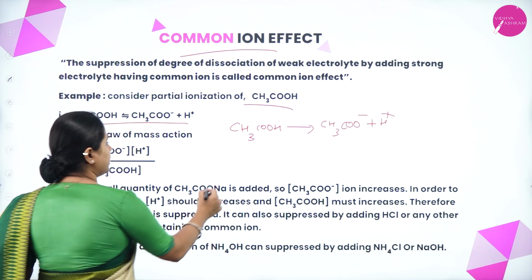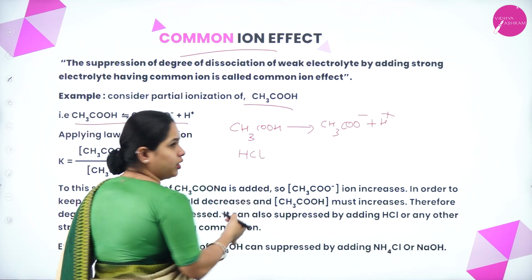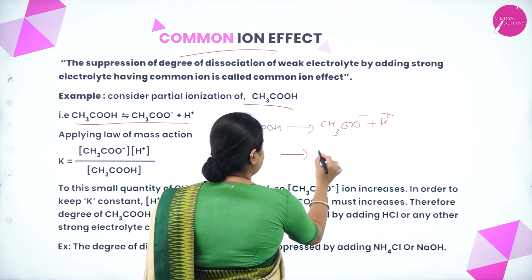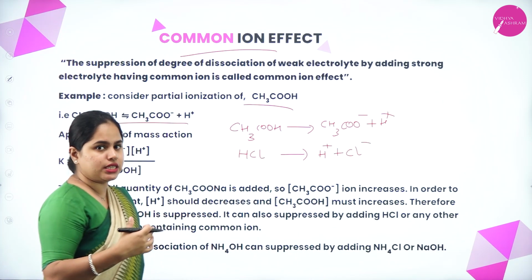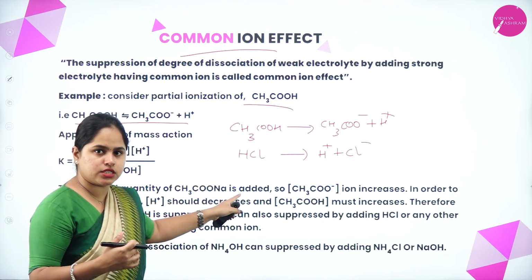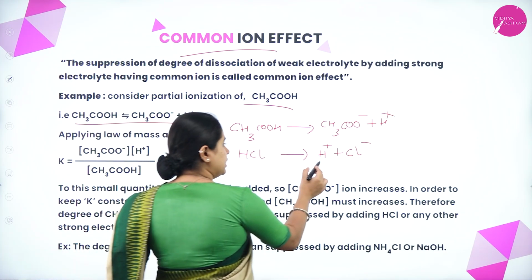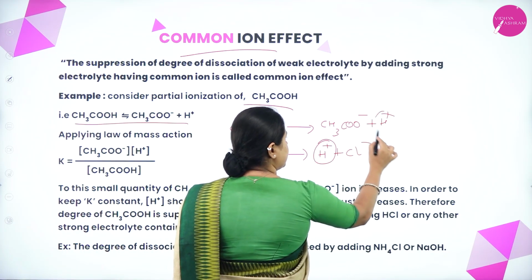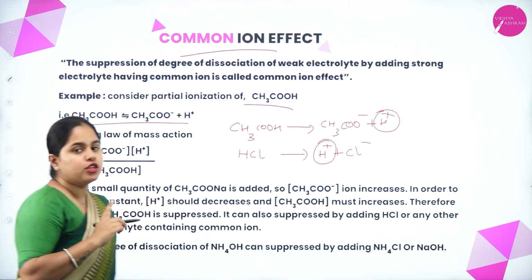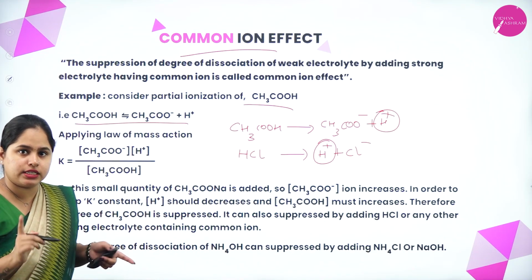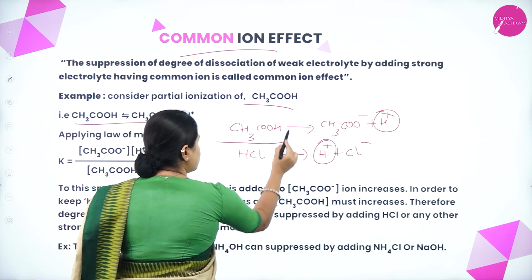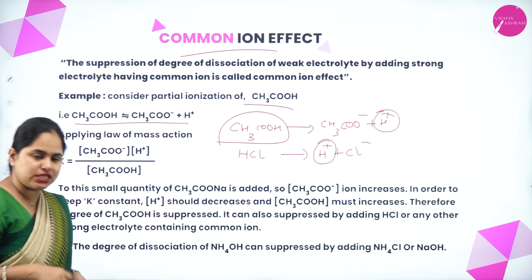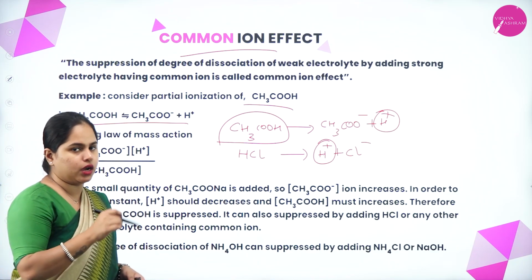For example, let us take the strong electrolyte HCl. HCl dissociates into H plus and Cl minus, right? So now as you can see, this is your weak electrolyte, this is a strong electrolyte, and we have H plus here and H plus here, which is common. So this is a common ion. Because of the presence of this common ion, the dissociation of the acetic acid will be suppressed. Now how this is happening, we are going to see now.